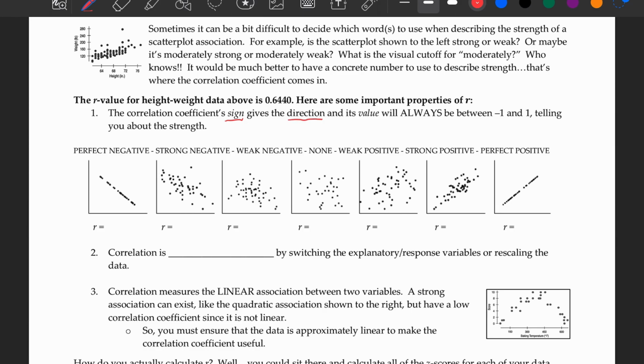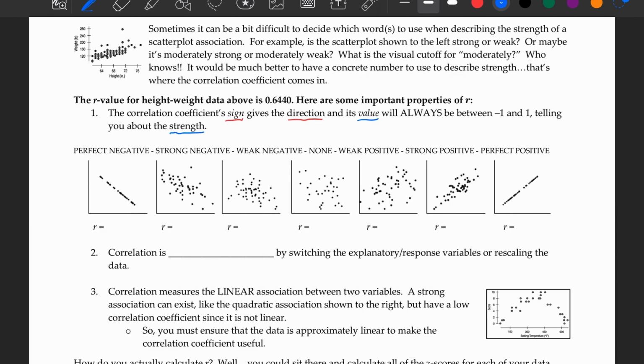If you have a positive, then that means you have positive direction. And then the magnitude of it is always going to be between -1 and 1, and how close you are to 1 and -1 tells you about the strength of the relationship as well.